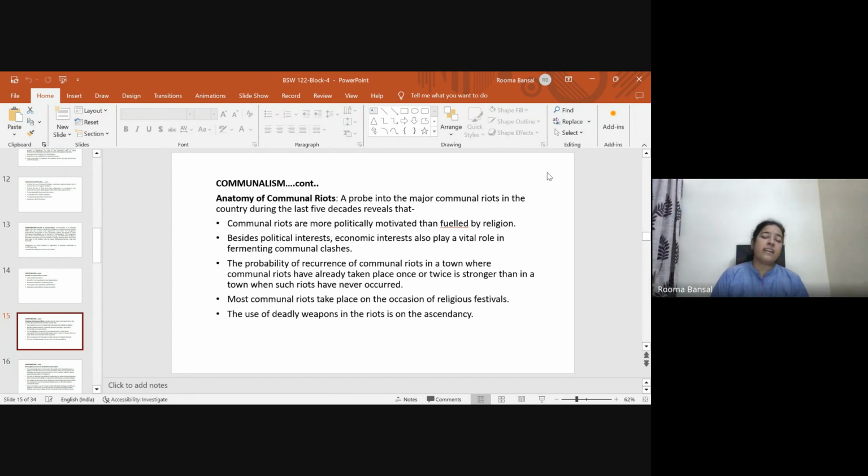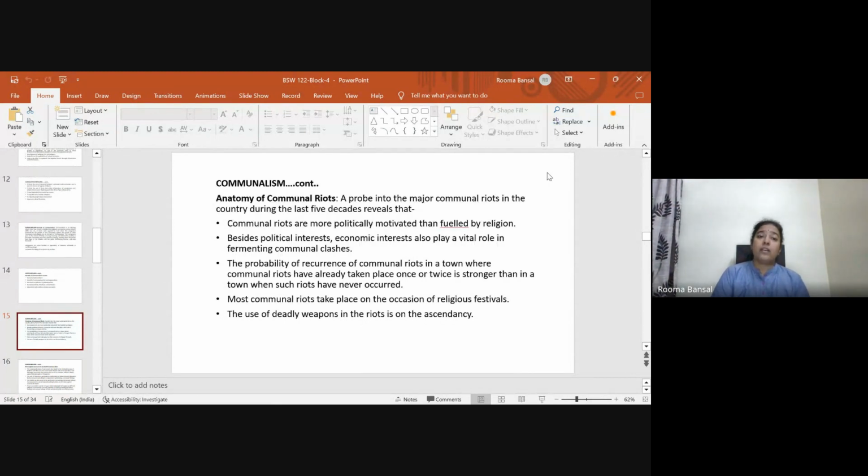Again, here we can take the example of Ayodhya ji. Ayodhya ji is a place where we had the issue of Ram Mandir and Babri Masjid, right? At the time of demolition of Babri Masjid, the people of Ayodhya ji faced communal riots between Hindu and Muslim communities.